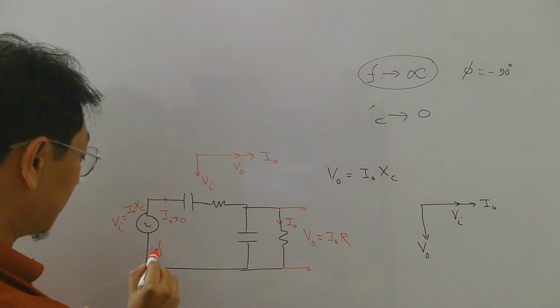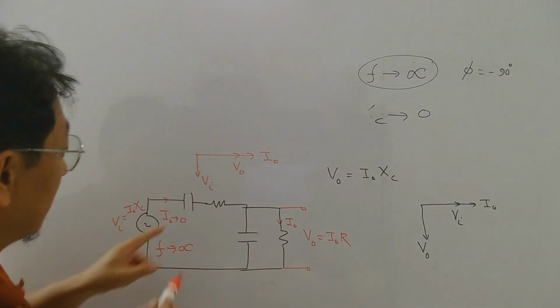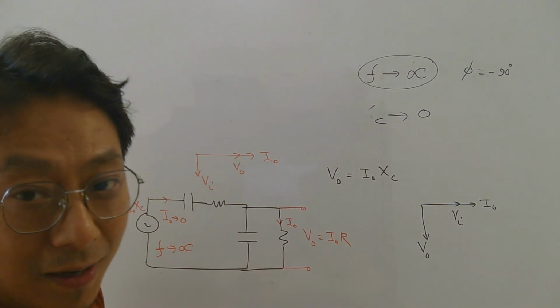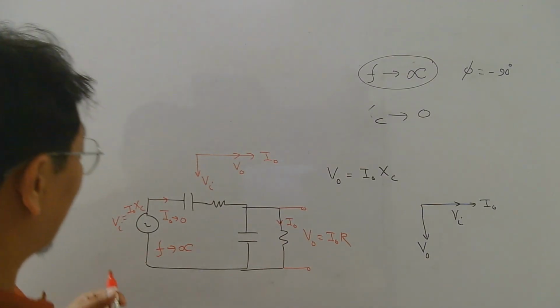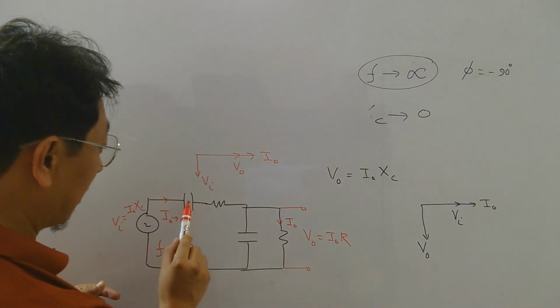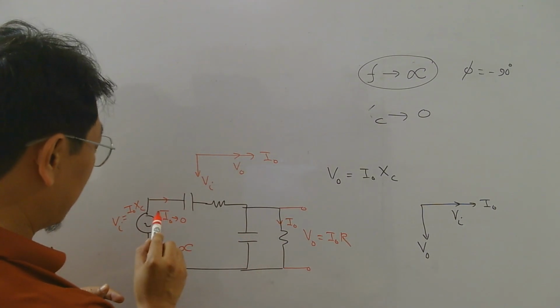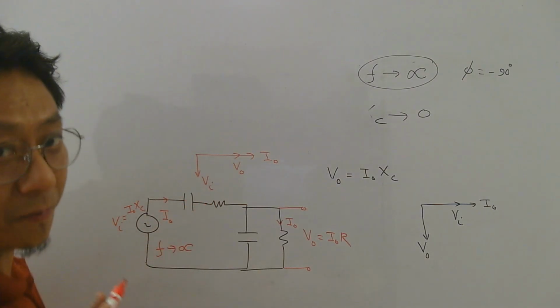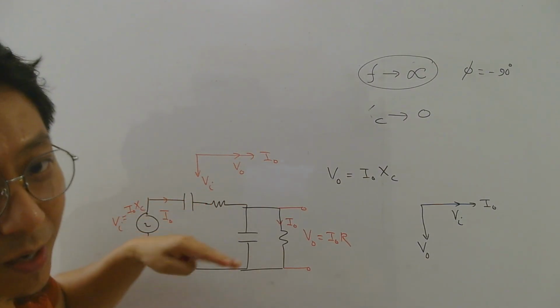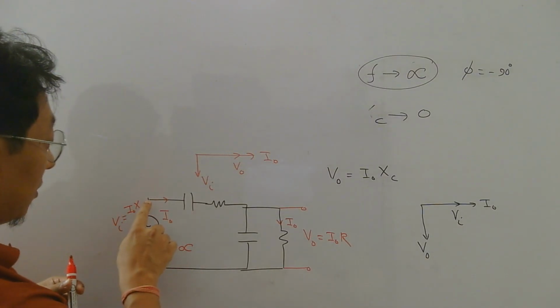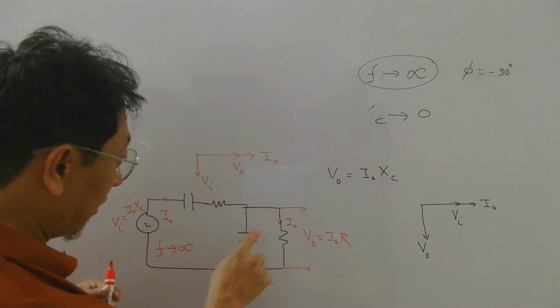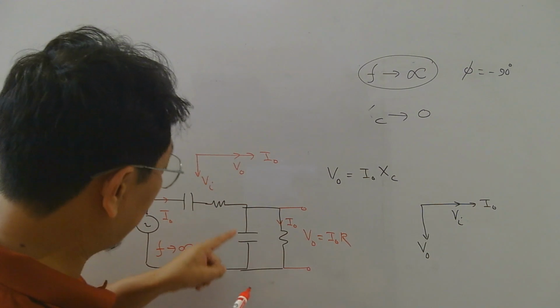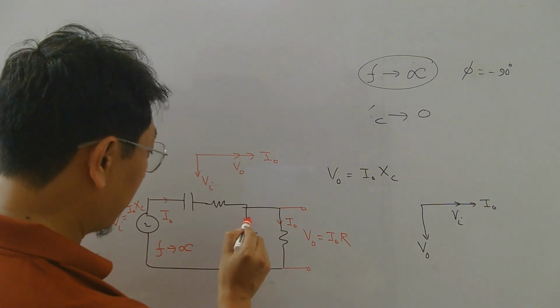Similarly, when frequency is very high, these two capacitors will act like short circuit. So if you think this is like a short circuit, whatever current flows, now finite current will flow, because this R is finite, this is 0, so 0 plus finite is finite. So current will flow, and that current will divide here, but this has almost 0 resistance, so all the current will flow here.